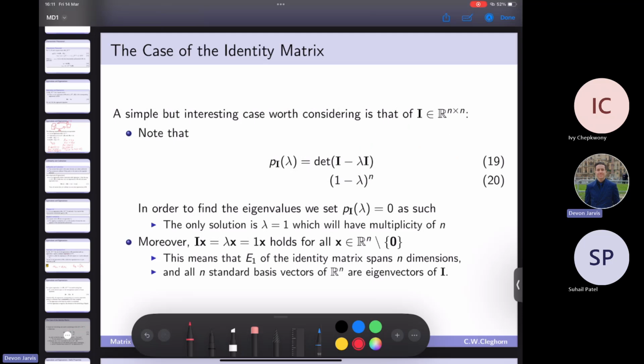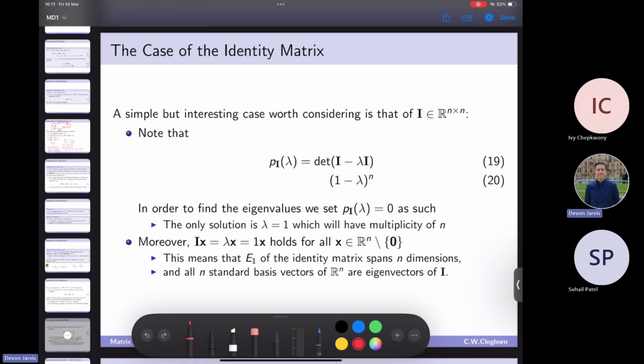That gives you a 1, and so you just end up with the determinant being 1 minus lambda raised to the power of n. Again, we're working with volume here, so the number of dimensions that you're stretching in matters, because it's multiplicative. It's the volume for 3D, it's the area for 2D, and so you raise to the power of the number of your dimensions.